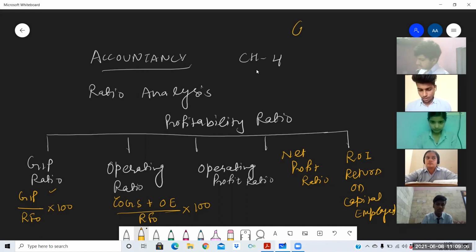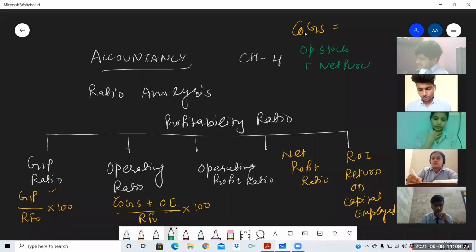And we all know the formula for COGS. Yesterday also we discussed: COGS is equal to opening stock plus net purchases plus direct expenses minus closing stock.